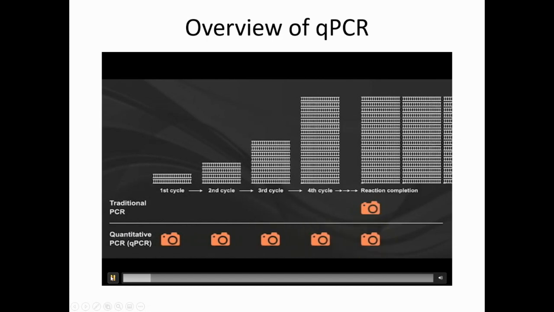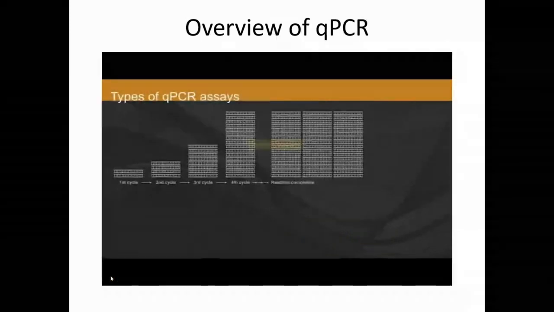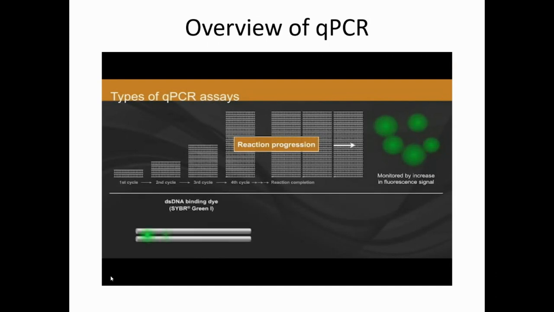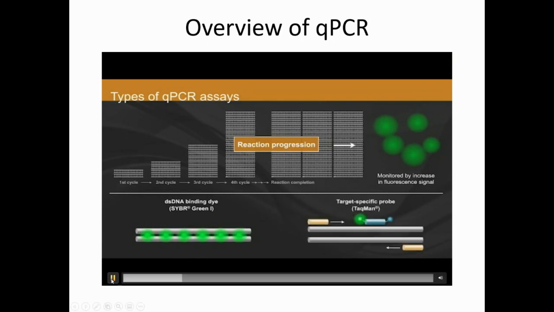As the reaction progresses in qPCR assays, reaction progression is monitored by an increase in fluorescent signal. The fluorophore can be a double-stranded DNA binding dye, most commonly SYBR Green I, or covalently attached to a target-specific probe. The target-specific probe, which we will discuss later, is a probe chemistry, and one of the commonly used ones is called TaqMan.